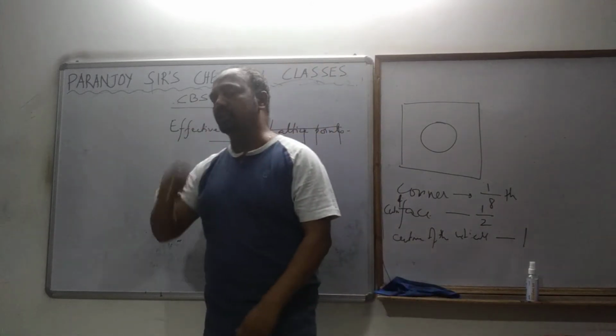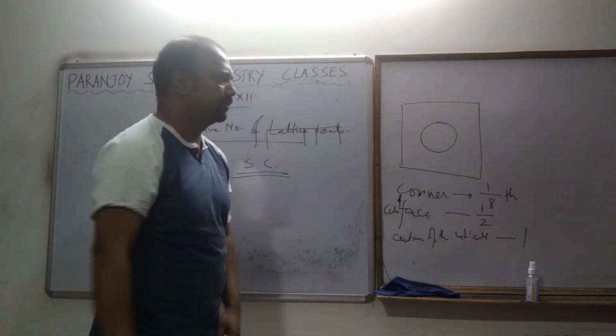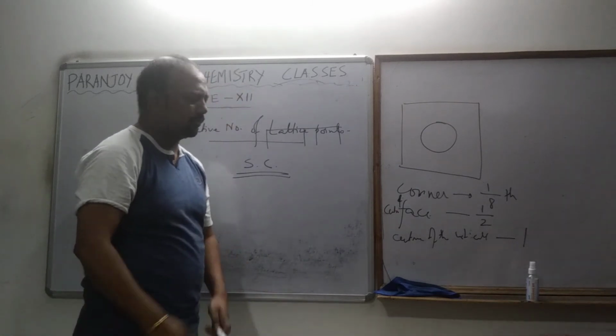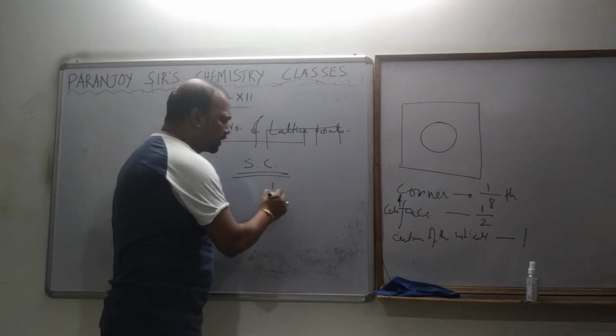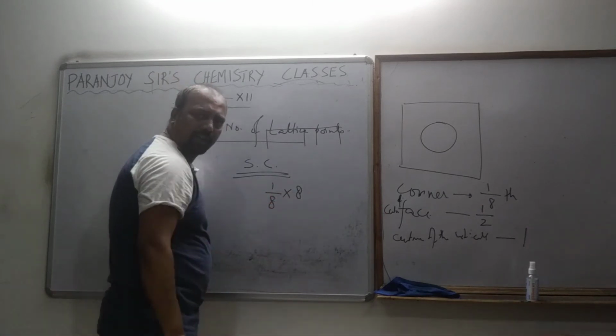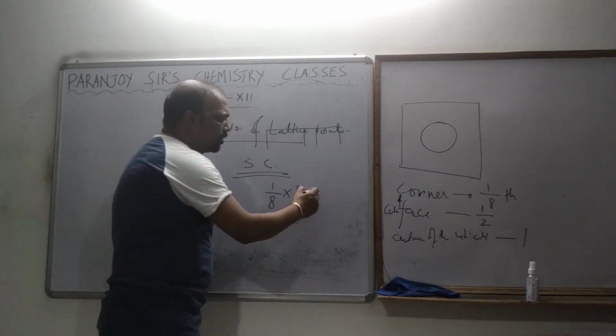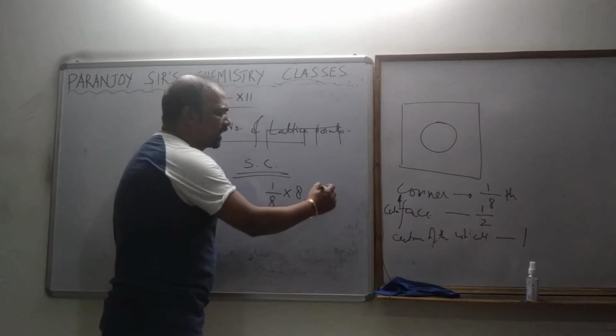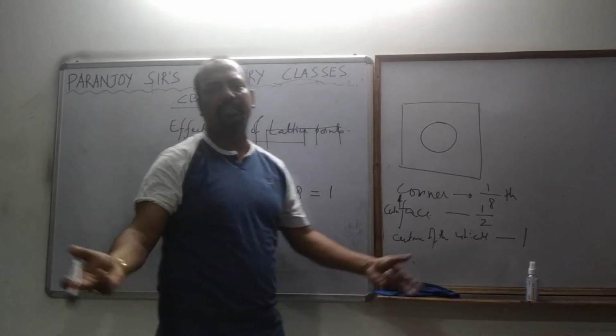And each is contributing how many to this unit cell? 1/8. So 1/8 is contributed by each, and a total of 8 of them are there. So the total number of lattice points effectively present in a simple cubic unit cell is nothing but 1.